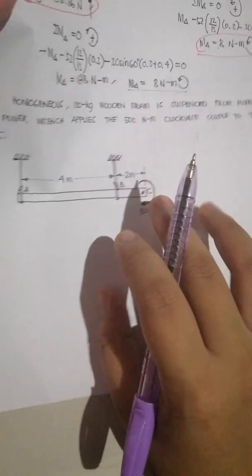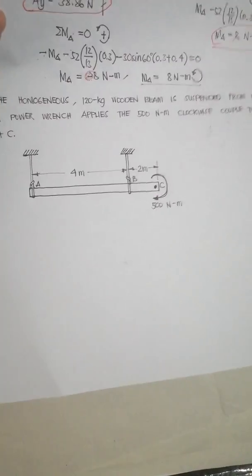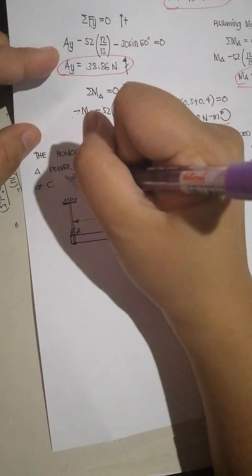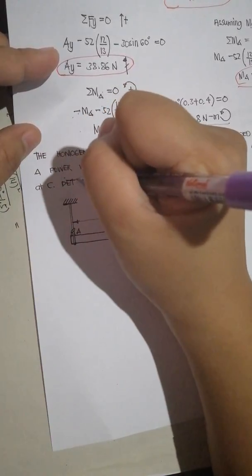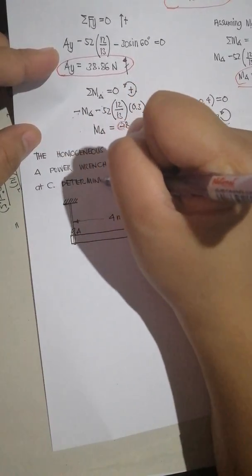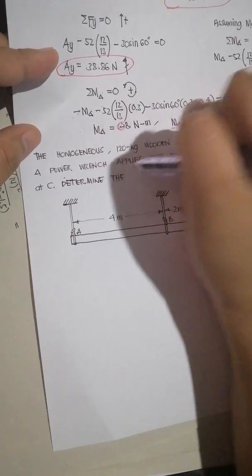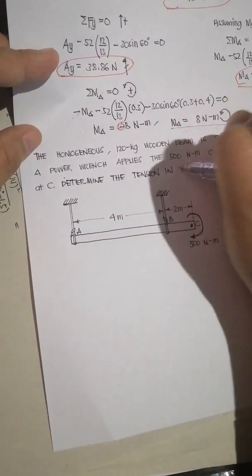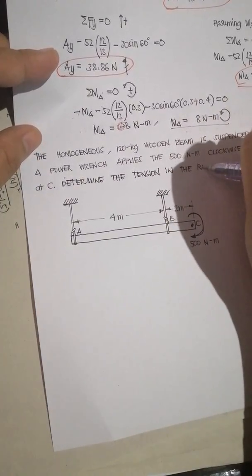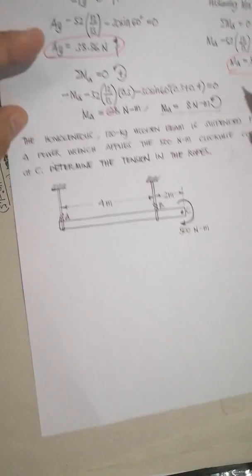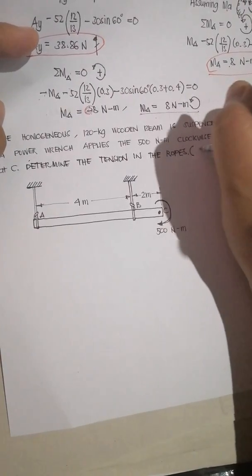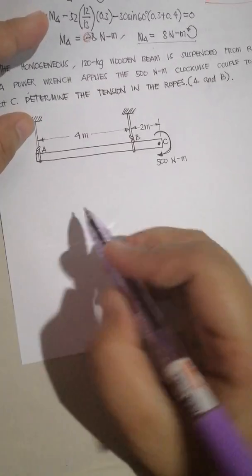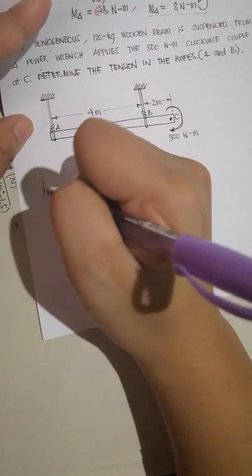Before we proceed to analyzing this example, we are going to determine the tension in the ropes at A and B. So before we proceed, we'll have to draw first the FBD of the beam.